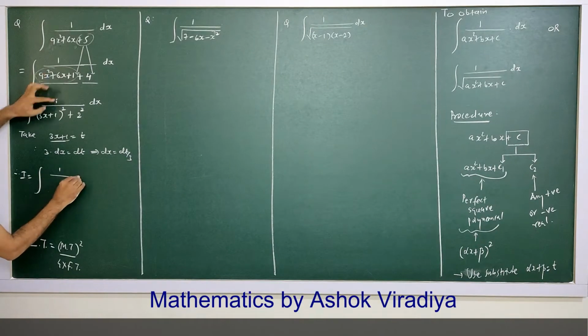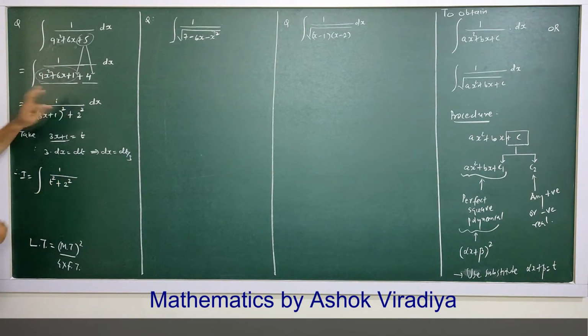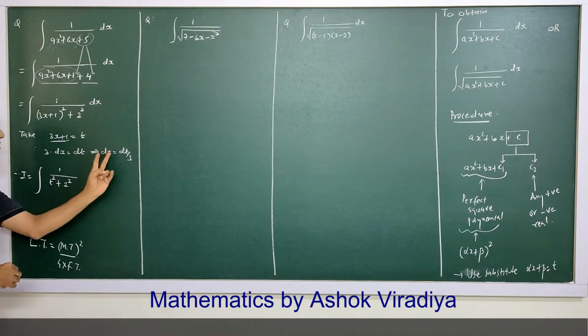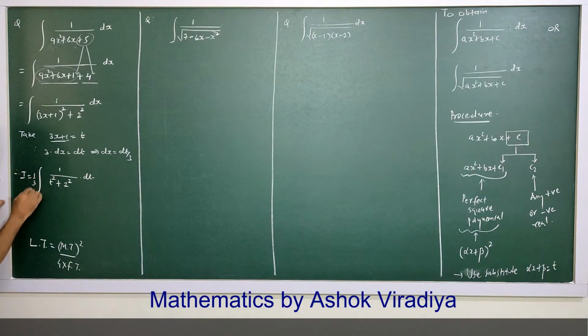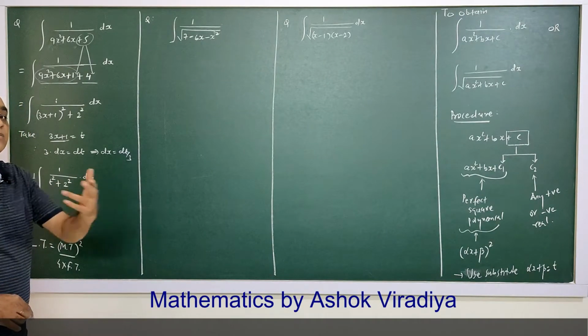So the integral is 1 upon, this is t square plus 2 square, and dx is dt by 3. Put dt, and the 1 by 3 put outside. And now this is 1 upon x square plus a square, matching with that formula, 1 upon a tan inverse x upon a.